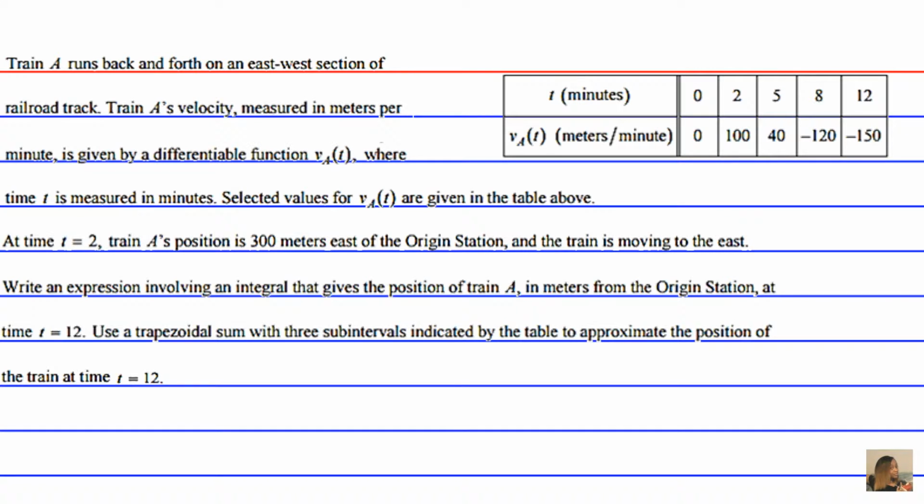All right, so basically what the trapezoidal rule does is, let's say that our VA of t looks something like this, okay, on a Cartesian coordinate plane. So what we would do is we would make 3 subintervals like we're told, and they would be trapezoids, like so. So there's some spots left out.